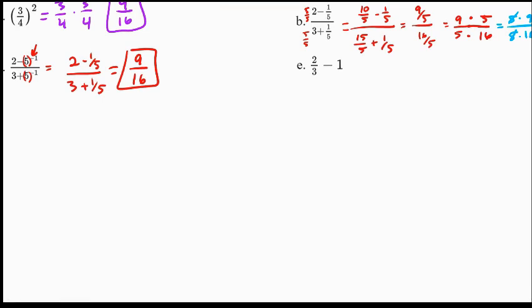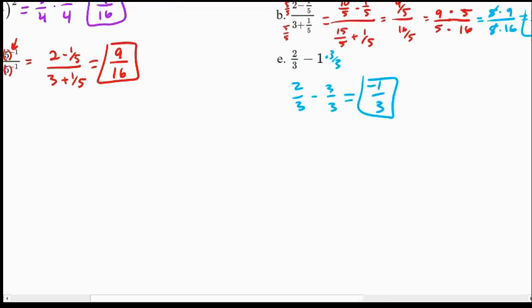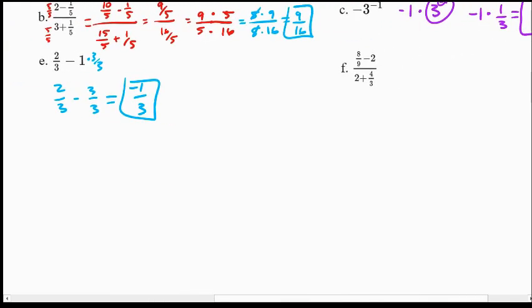For E here, we've got 2/3 minus 1/3. I'm going to get a common denominator real quick by multiplying by 3/3, and then just subtracting the tops to get -1/3. And then lastly, we've got F here, which has 8/9 minus 2. I'm going to get a common denominator by multiplying by 9/9.